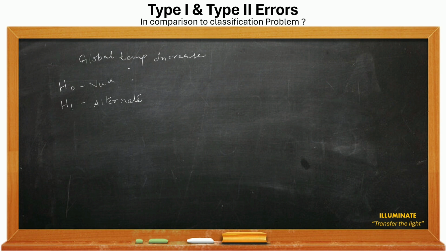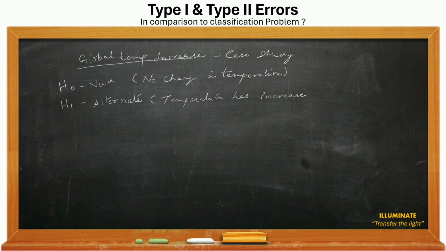So our null hypothesis is that there is no change in the average temperature, and our alternate hypothesis is that the temperature has increased by at least 2 degrees centigrade. These are the two things that we have to remember.